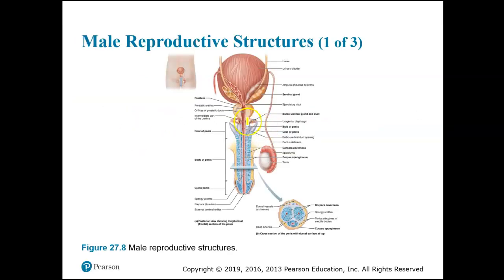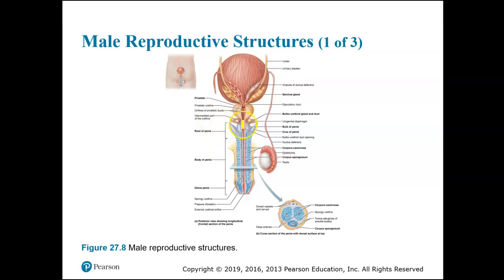And you can see the different portions here. Here's your prostate gland. So this is the prostatic urethra. And then you have the membranous urethra, which comes next. And then you have the spongy urethra, which comes after that. I'm looking for where it is labeled.